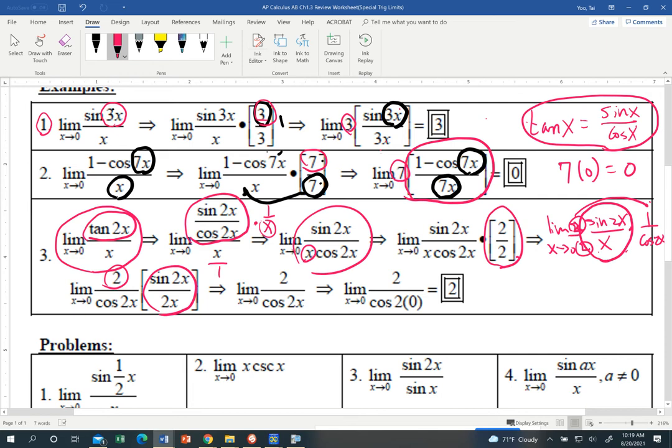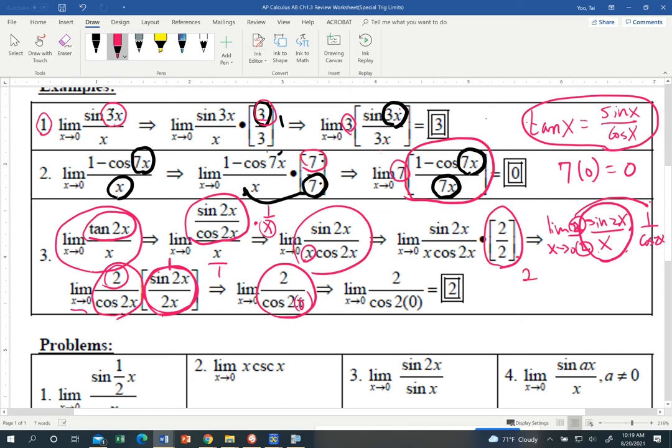Okay, according to your formula, if this thing goes to 0, what is sine 2x over 2x? 1. So since this is 1, you only have this left over. That's why they have this right there. You see it? So now they're using direct substitution. What is cosine 2 times 0?